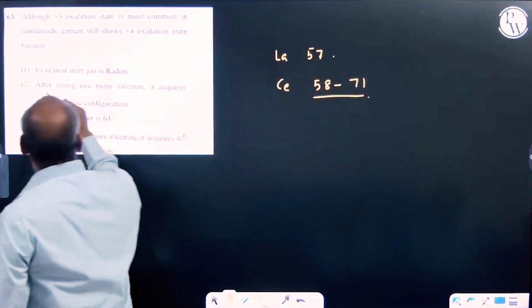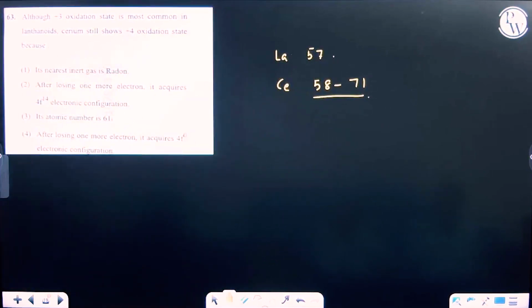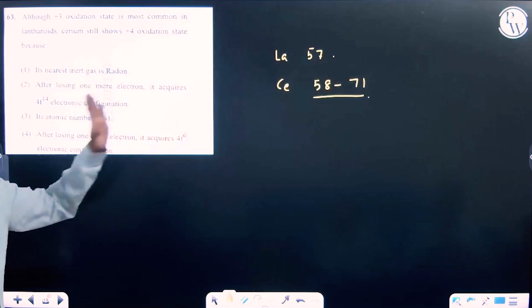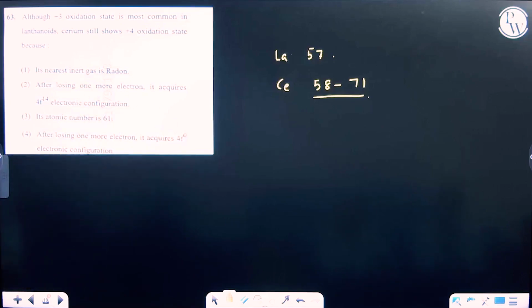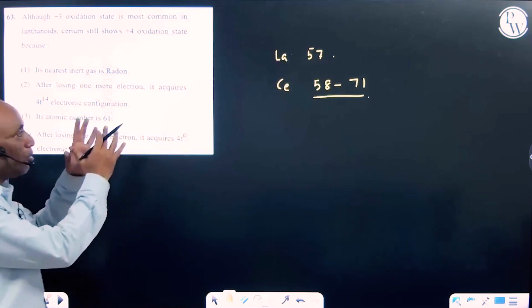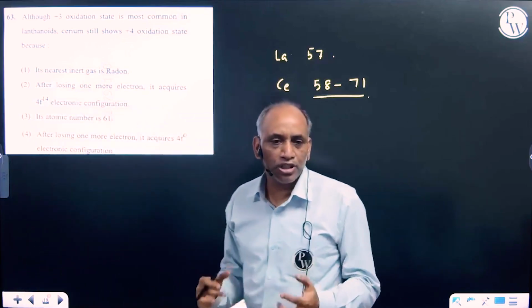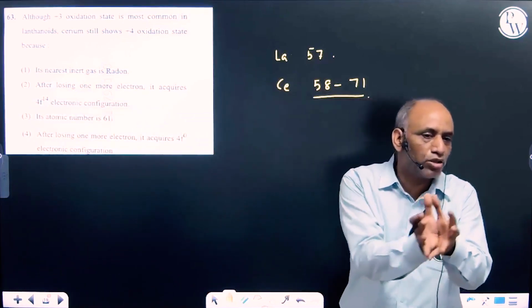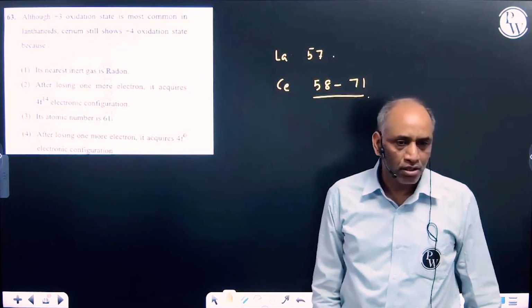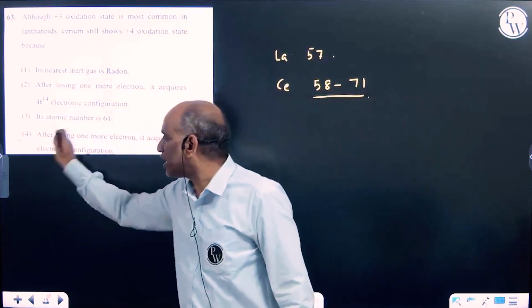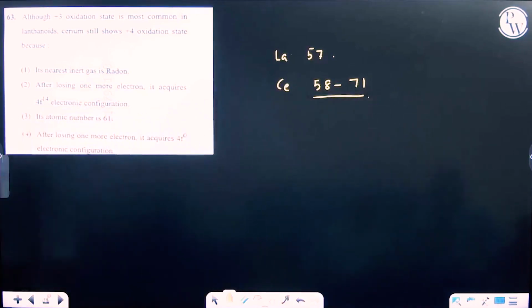And if at all it is losing the 4th electron also, it acquires the 4f0 configuration. This is also a straightforward question which people might be learning in anomalous configurations, which we study along with chromium and copper. So there is no question of making a mistake and hence you need to go by the 4th.